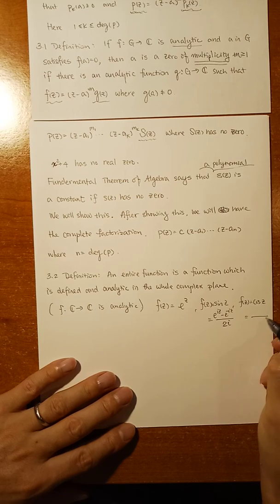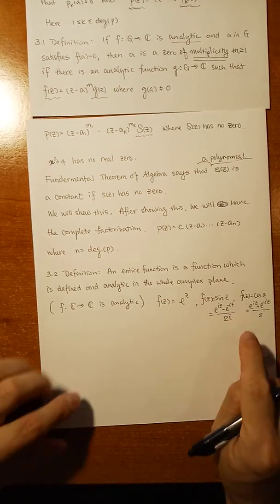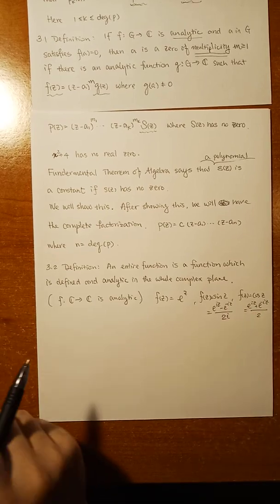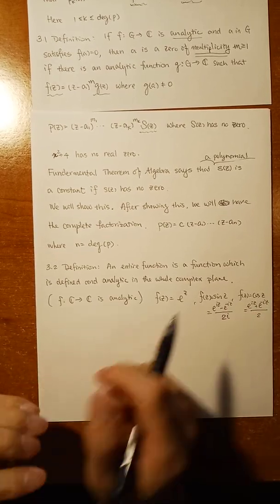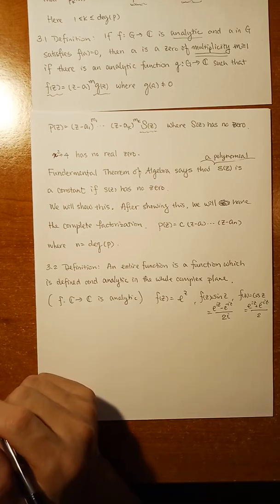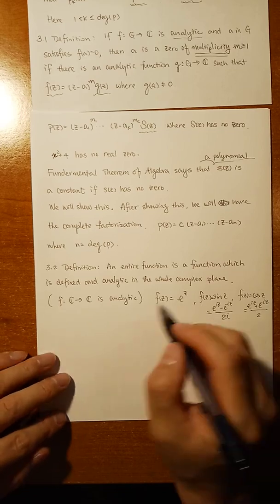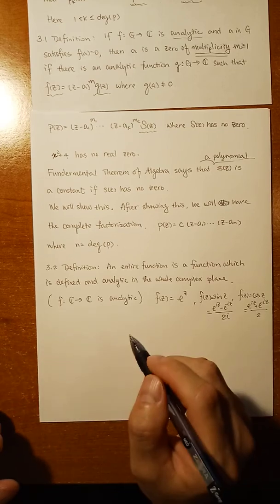And the cosine is e^(iz) plus e^(-iz) over 2. Yeah, I believe so. Okay, anyway. So sine and cosine are linear combinations of exponential functions. Clearly, they are entire because z is entire.